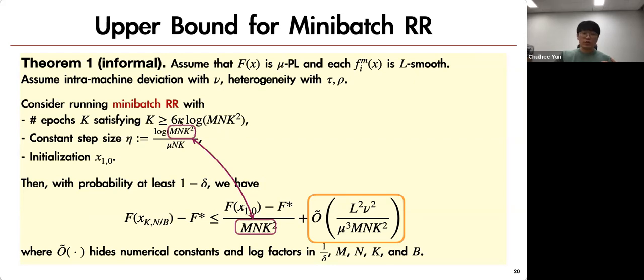The m n k squared term here in the log factor is the same as the denominator of the first term in the upper bound. So that's why, by changing what's inside the log, you can make the first term arbitrarily small. So whenever I discuss and compare these bounds, I'm only going to consider the second term. Okay.